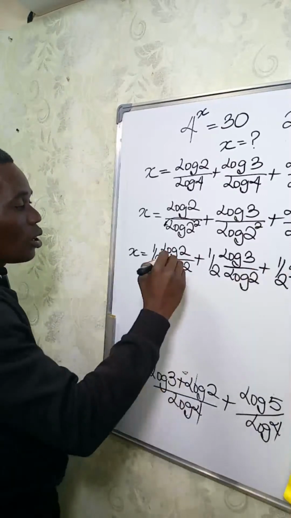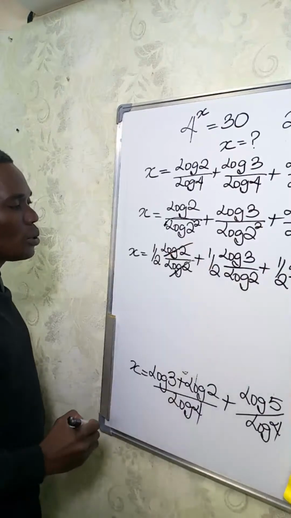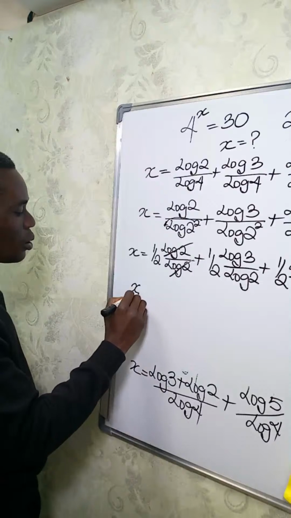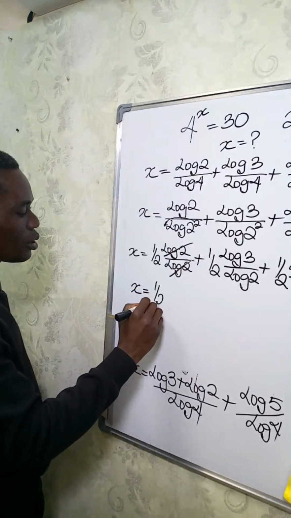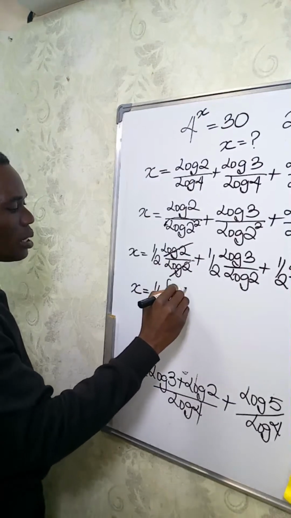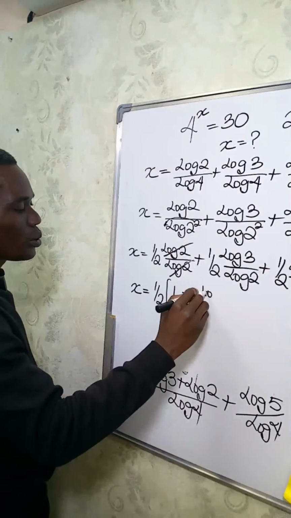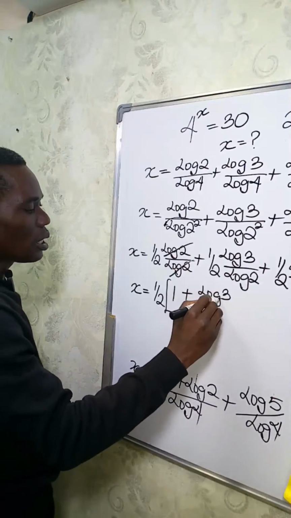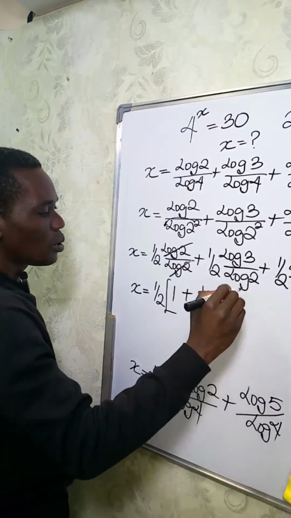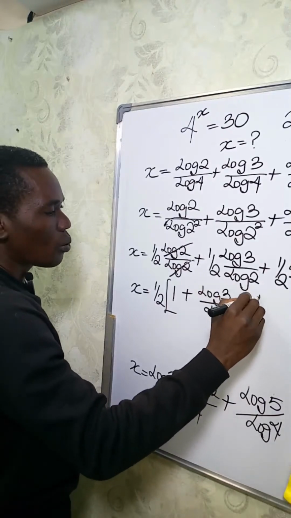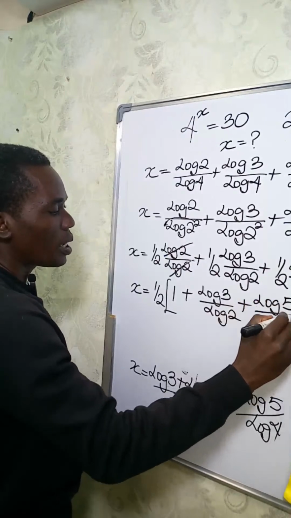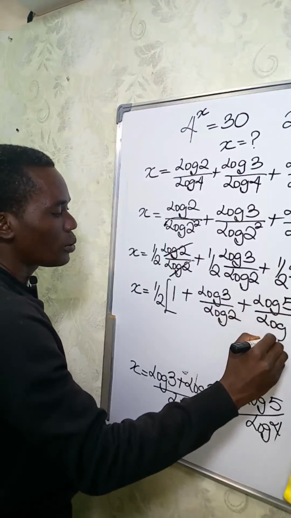Great. Now log of 2 can cancel out log of 2, and we have a half common, so we'll bring out the half, 1 divided by 2, and this will give me what? 1 plus log of 3 divided by the log of 2 plus log of 5 divided by the log of 2.